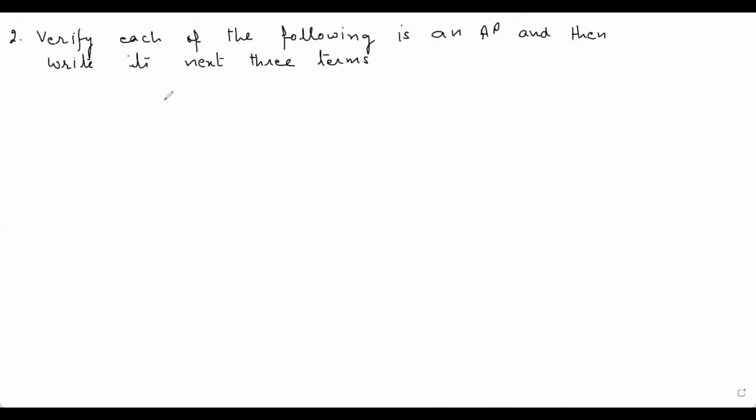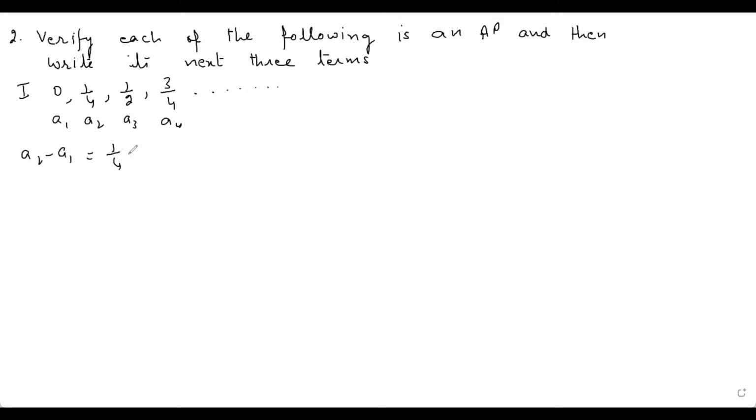Now the second question is, verify each of the following is an AP and then write its next 3 terms. There are 5 sums and its first sum is 0, 1 by 4, 1 by 2, 3 by 4 onward. Now this is a1, this is a2, this is a3, this is a4. Find a2 minus a1.